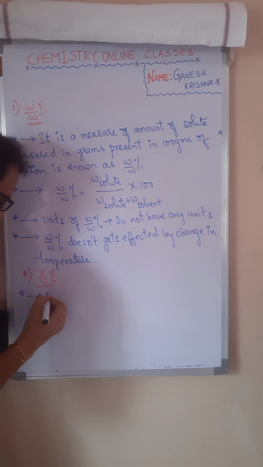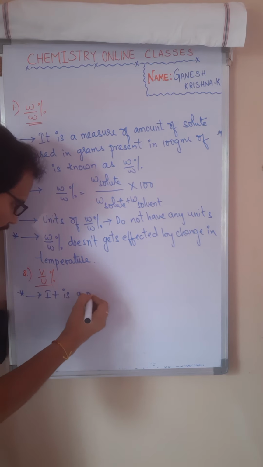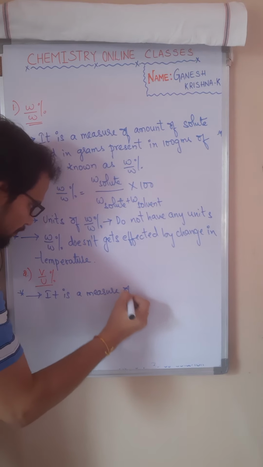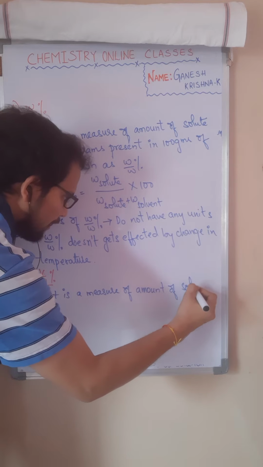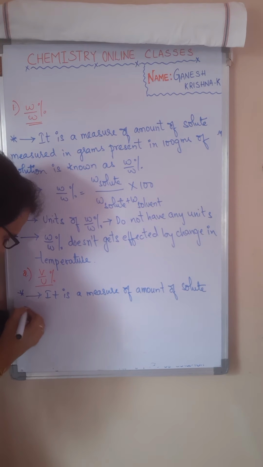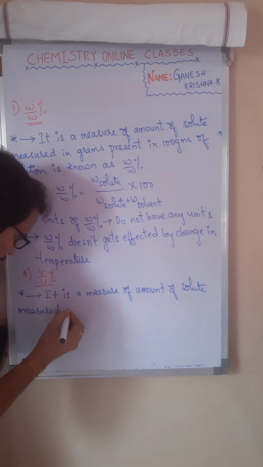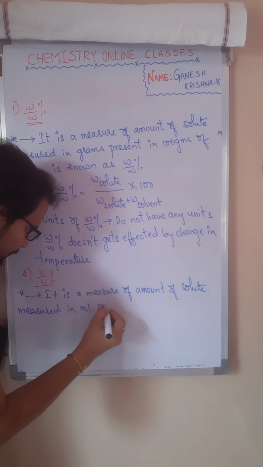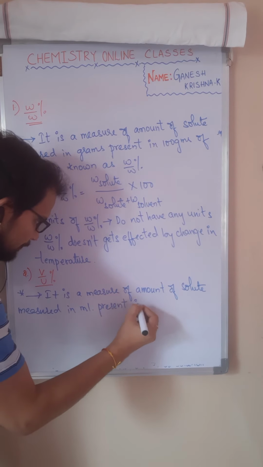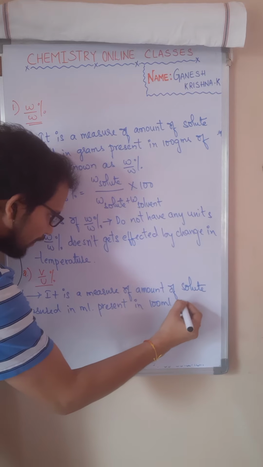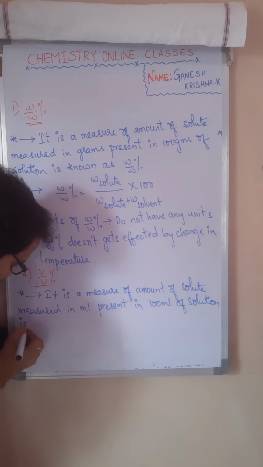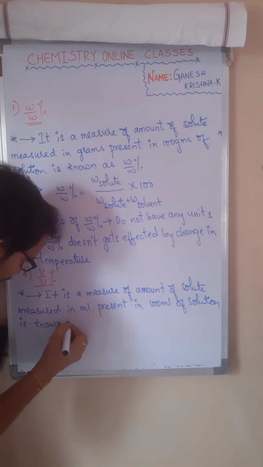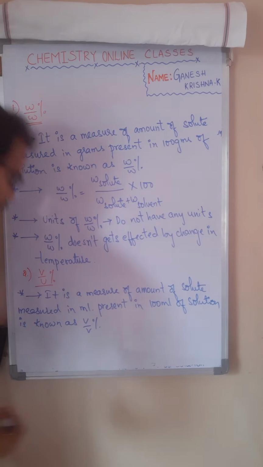It is defined as a measure of the amount of solute measured in milliliters, present in 100 ml of solution, is known as volume by volume percentage.